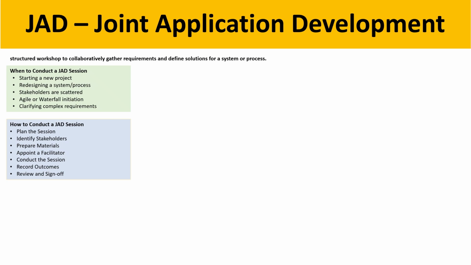You need to define the objective, and you need to define an agenda to give them an idea about which part or which problems you are going to discuss in the JAD session. Make sure you identify the stakeholders properly, because these people are going to have a collaborative discussion to find out a solution.